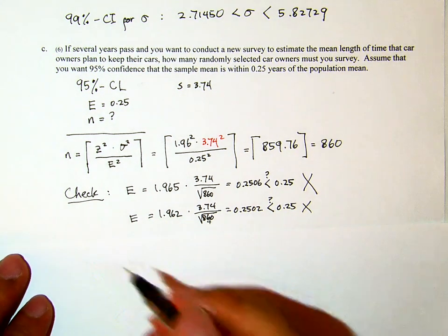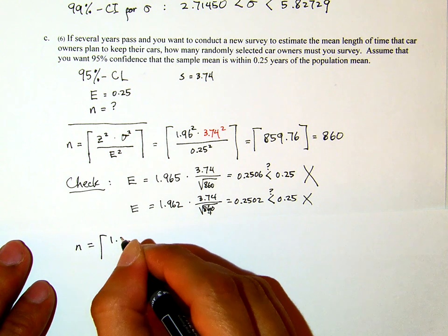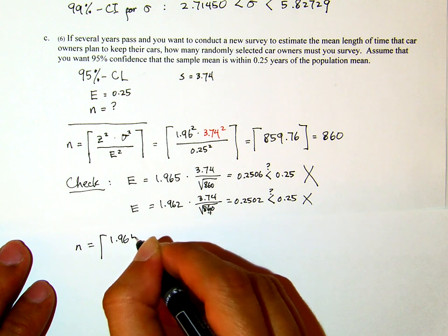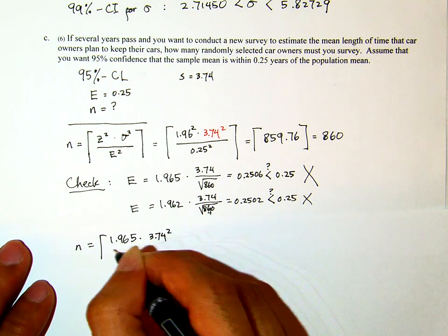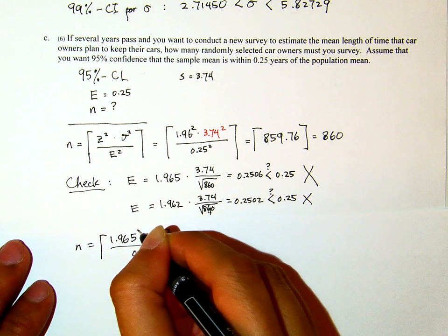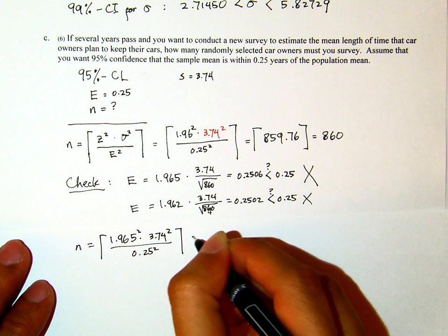Now this is my updated n. For my updated n here, I use 1.965 times 3.74 over 0.25, squared. This will give me a better value.